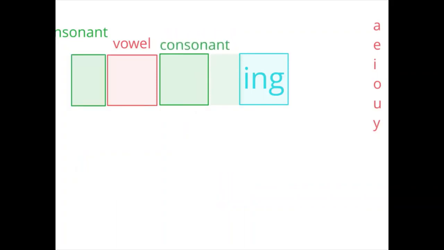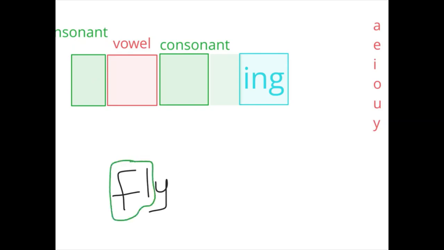Let's try the word fly. We can fly in the sky in an airplane. A bird can fly. Do you think we put the letters like this? No, we don't. We need to think about our sounds. So at the beginning of this word, we have a blend, fl.